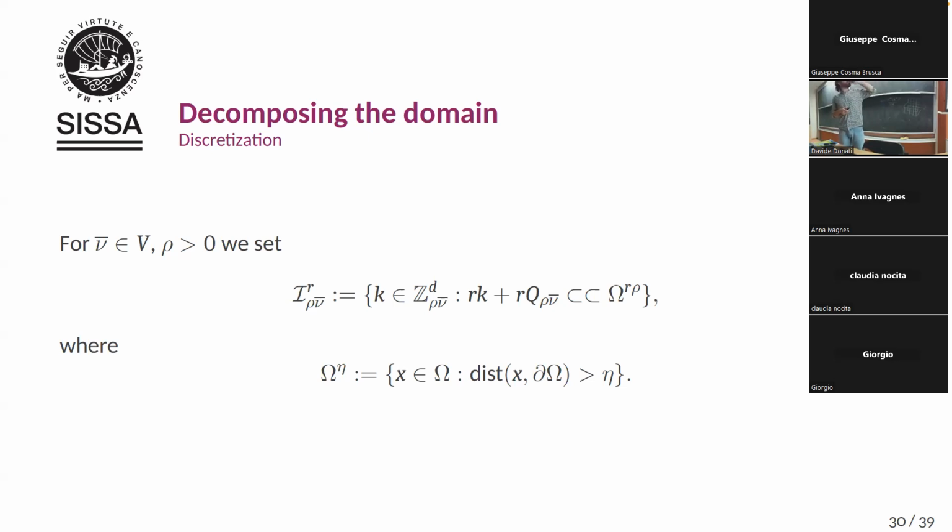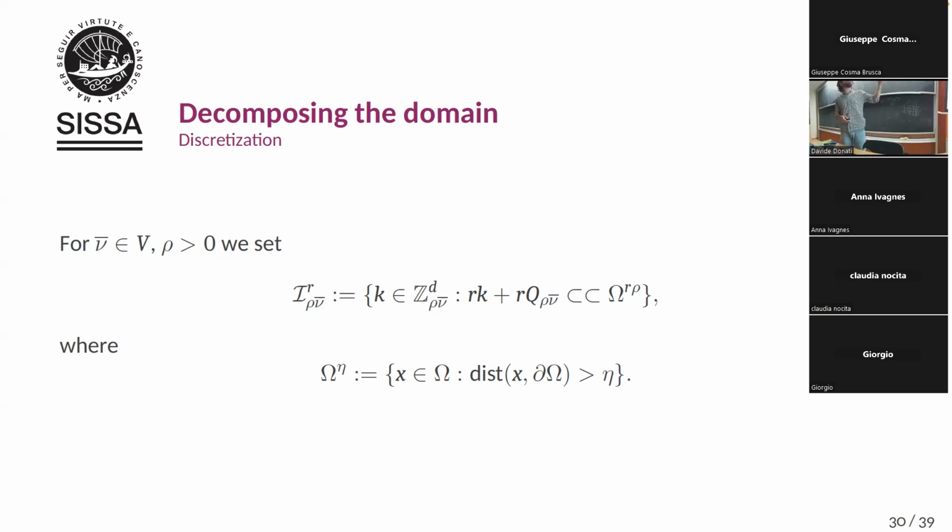Then we introduce one of the last notational nightmares. For us, I rho r nu bar is going to be the set of indices in a grid. Pick the grid with integral coefficients that is determined by the orthonormal basis nu bar, and then shrink it by rho and by r.